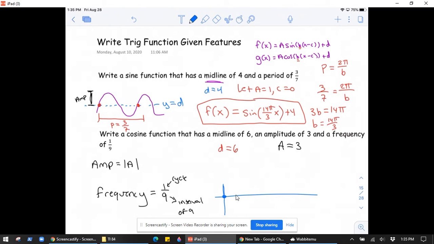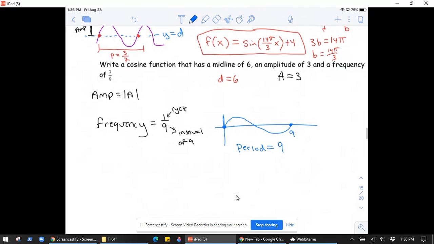It does one cycle every time you go an interval of 9. So that would look like this. It's supposed to be a cosine graph, but let's ignore that for the moment and focus on the general principle. That's a distance of 9. It does one cycle every time you go 9, which means that the period is clearly 9, because the period is the length of one cycle.